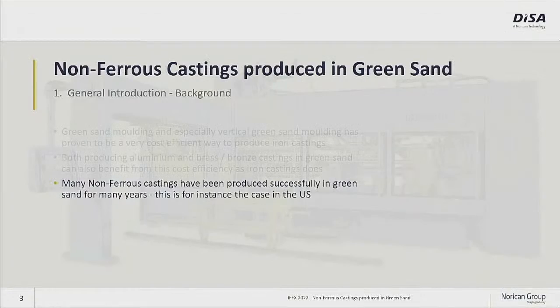Many non-ferrous castings are already being produced in green sand today. For instance, if we look towards the US, we will see a lot of foundries producing aluminum in green sand with success and brass and bronze in green sand with success. Unfortunately, this is not so widespread yet, so today we would like to give some details on how this can be done.